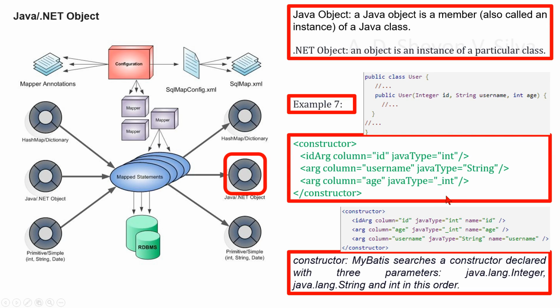When you are dealing with a constructor with many parameters, maintaining the order of the arg elements is error prone. Since 3.4.3, by specifying the name of each parameter, you can write arg elements in any order.